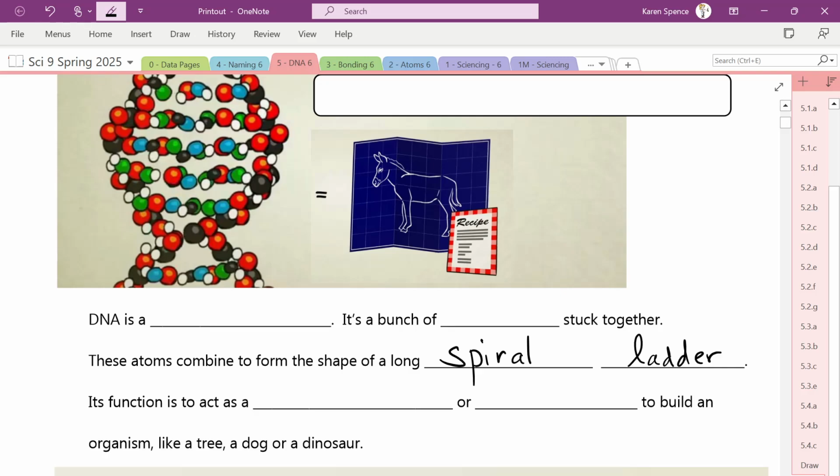Its function is to act as a recipe or blueprint to build an organism like a tree, a dog, or a dinosaur.